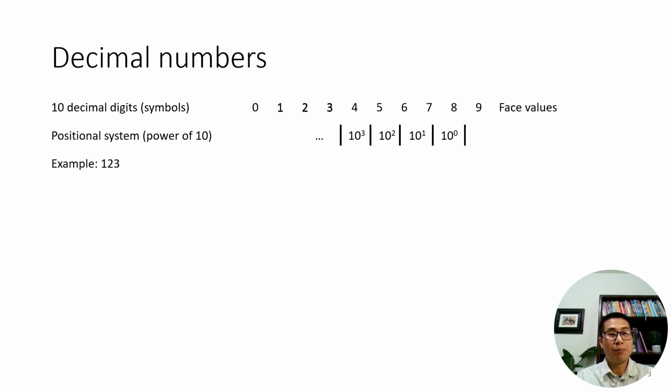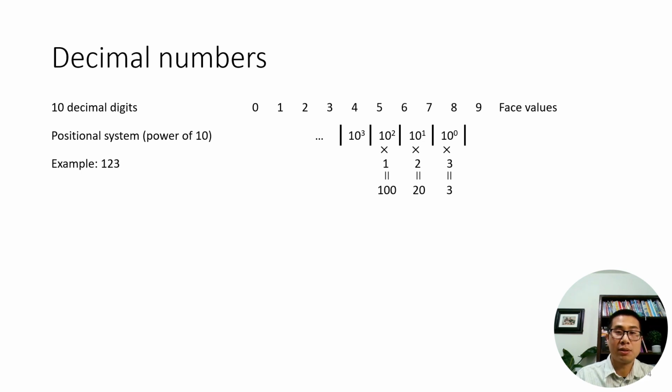So let us give an example. If you have the number 1, 2, and 3, then it's going to be expressed as 3 face values or 3 symbols like 1, 2, and 3 that we see here. Then the actual value is computed by multiplying their face values with their column values or position values. So we have 3 times 10 power 0 is 3. 2 times 10 power 1 is actually 20.